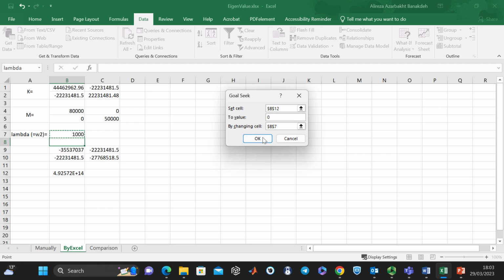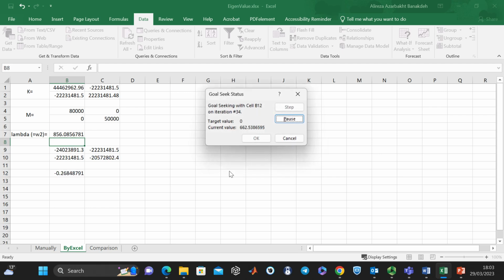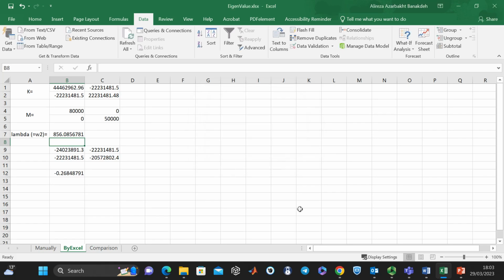This time the machine works starting from the point 1,000 to find a solution, and you can see it's iterating, and after a few seconds, if you wait, yeah, this time the solution is 856 point something, and the determinant is minus 0.26.